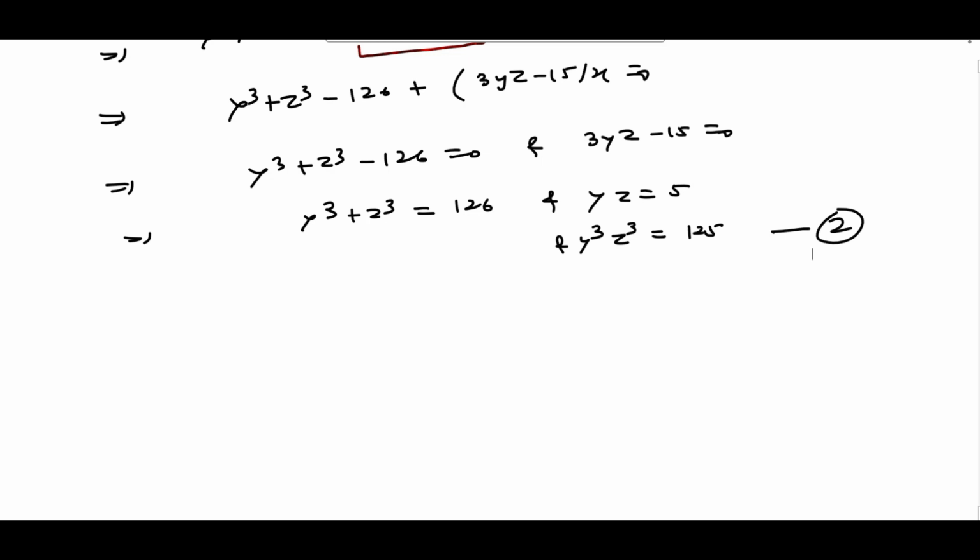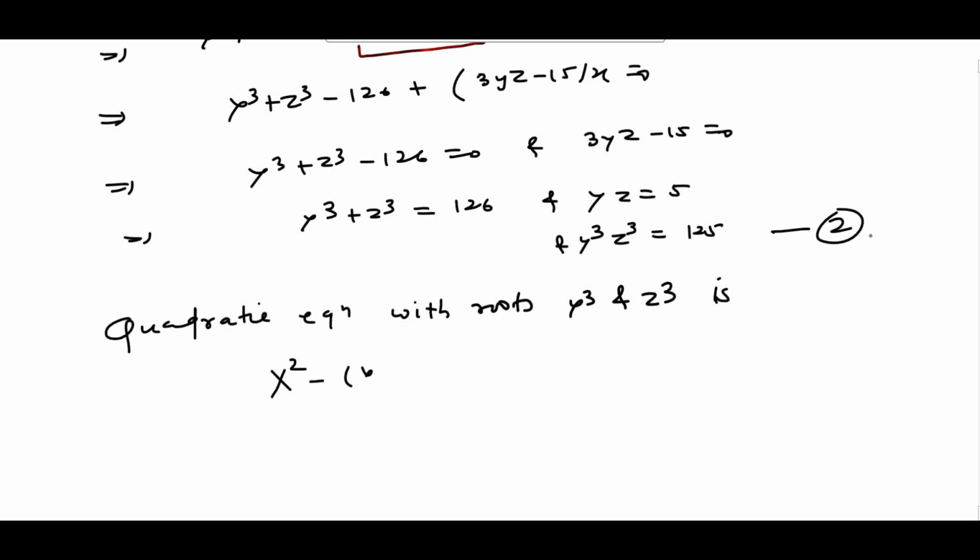So we can construct the quadratic equation with roots y cube and z cube, that is capital X square minus (y cube plus z cube) multiplied by X plus y cube z cube is equal to 0.